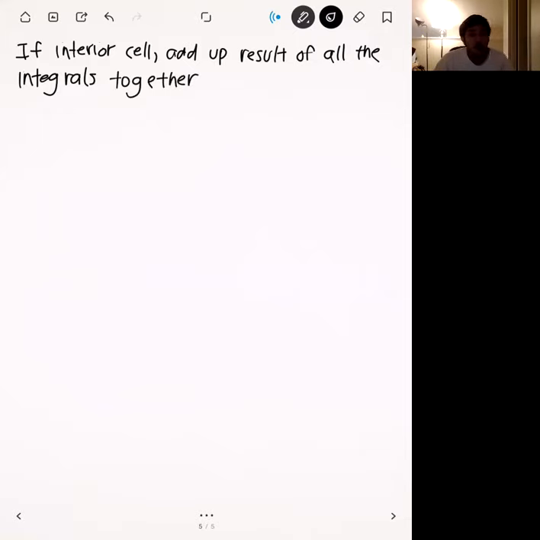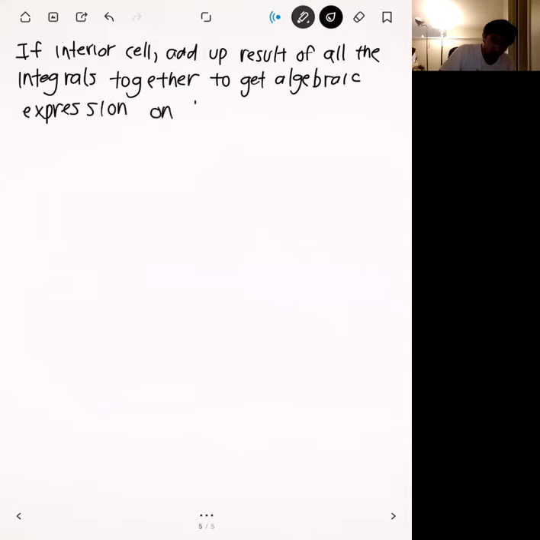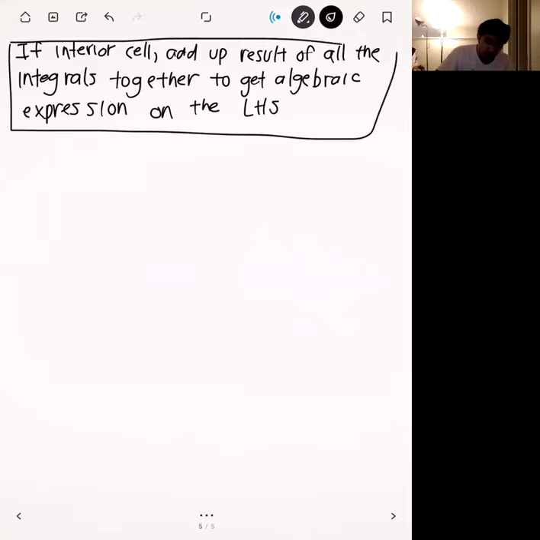And then by adding all those things up, you would end up with your algebraic expression on the left-hand side. And so we'll do an example of that later. But just very quickly, let's do the source term.